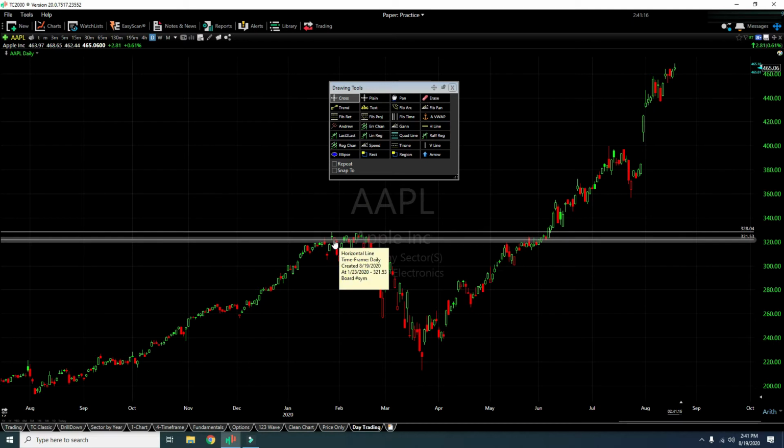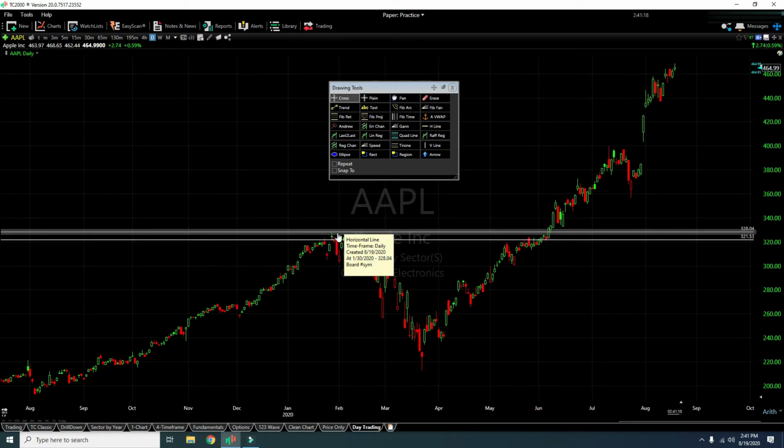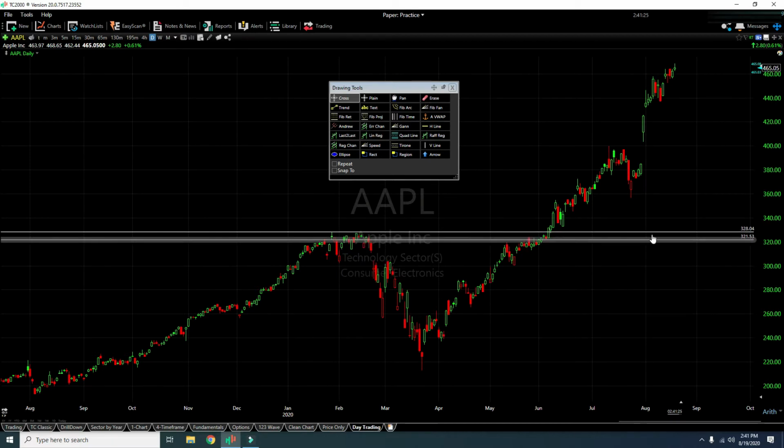If you notice here, I am not marking a single line. The first line is not the support and resistance, rather this area in between will be considered as support and resistance, to be precise. So now this is the recent resistance.